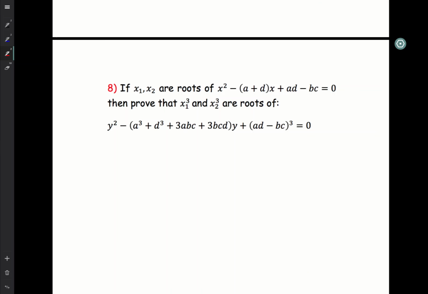Alright, problem 8. If x1 and x2 are roots of x squared minus (a plus d)x plus ad minus bc, this is a quadratic equation in the standard form, right? Again, as a reminder, standard form is the form where the leading term x squared has a coefficient of plus 1.